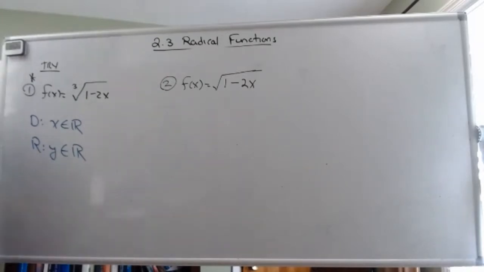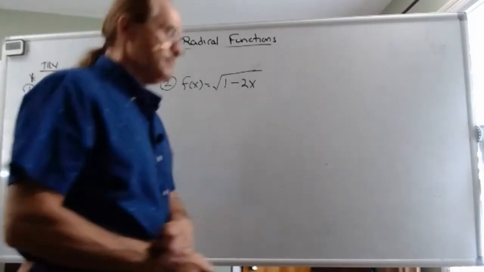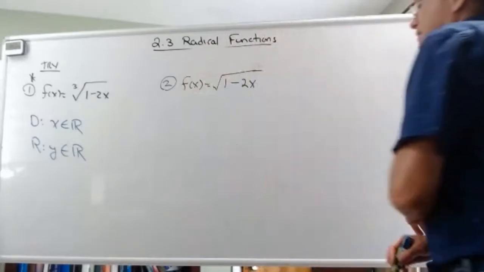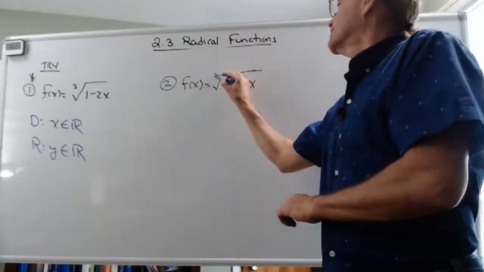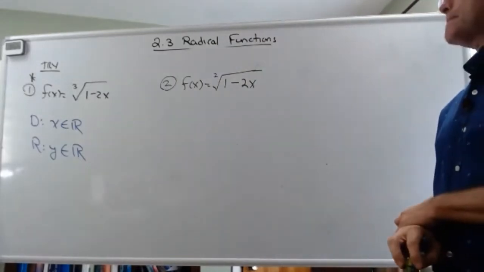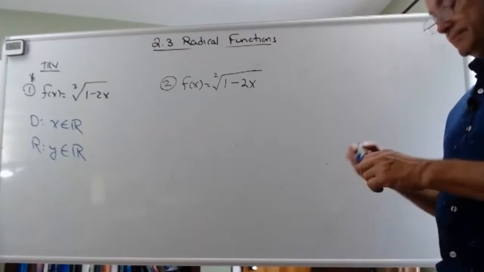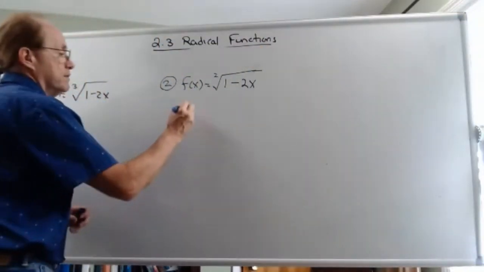This is an easy one. This is where we have to do some analysis, because it's an even index, not an odd index. Put the answer here, and we'll go over it if you don't get it.